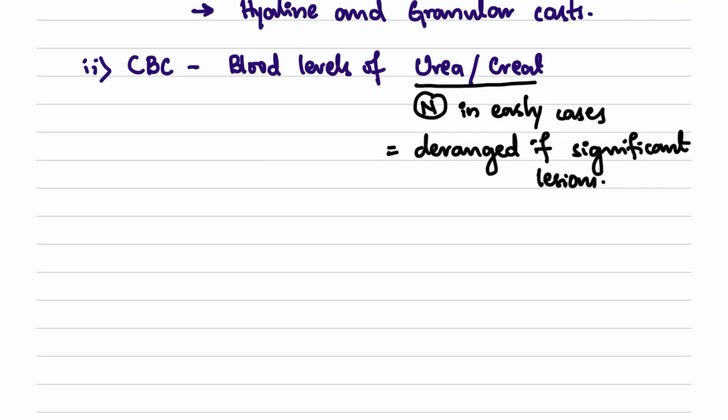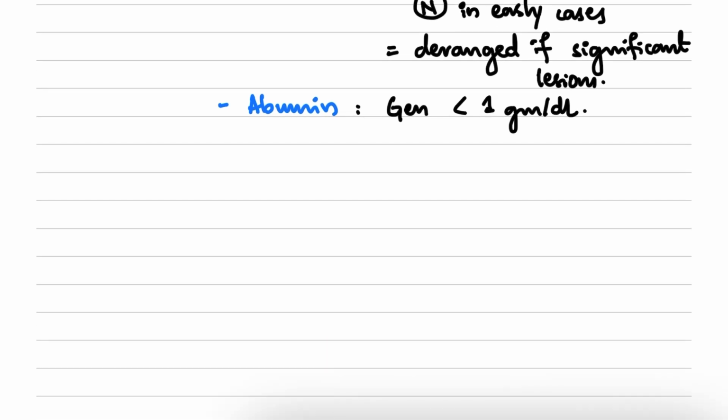Then we look at the albumin levels. Albumin is generally less than 1 gram per deciliter. We can also look at the levels of cholesterol.